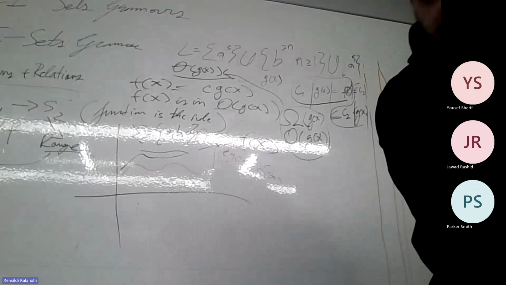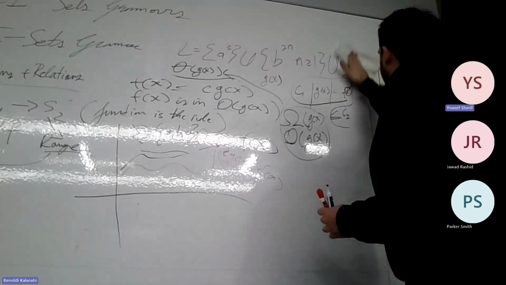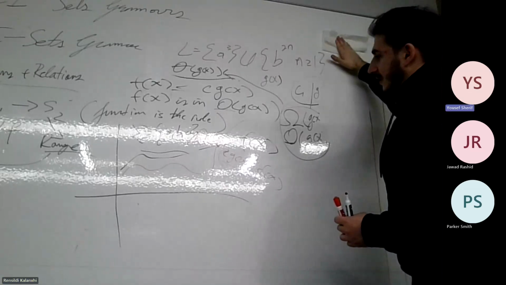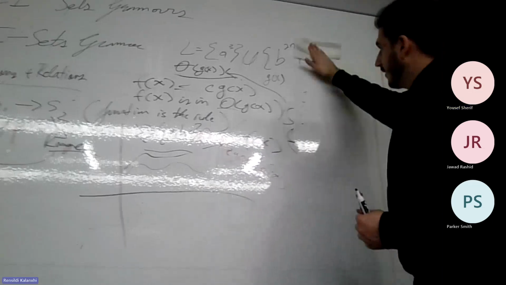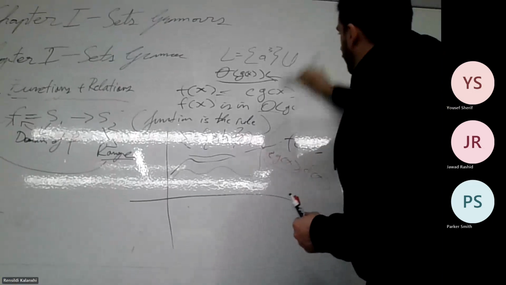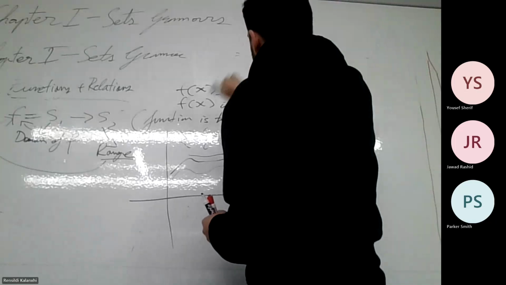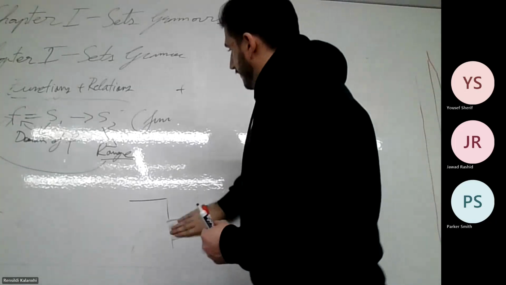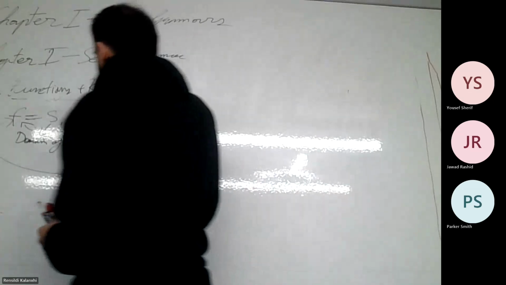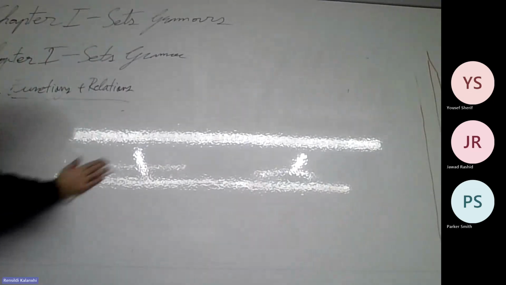Yeah, let's go with alphabet. Could you rewrite the alphabet somewhere else? Because of the reflection of the light, I can't see it. Oh, okay, sorry. No, it's okay. Do you guys see here, in this area?